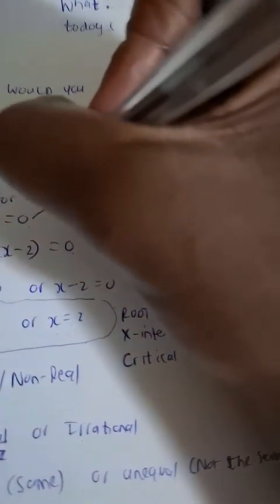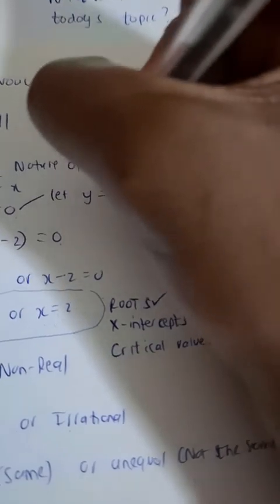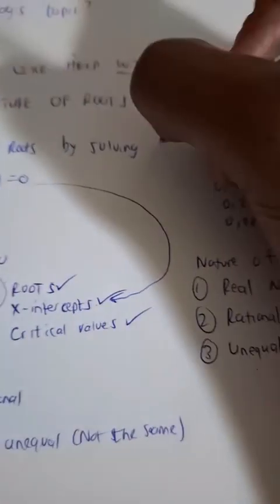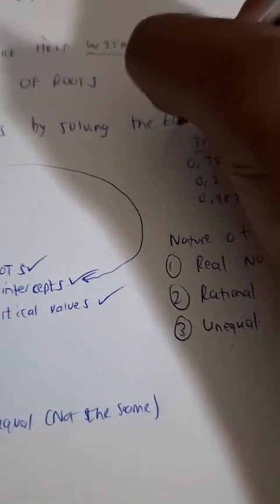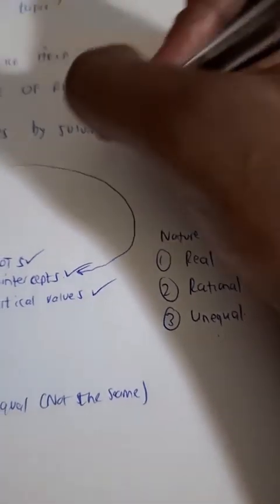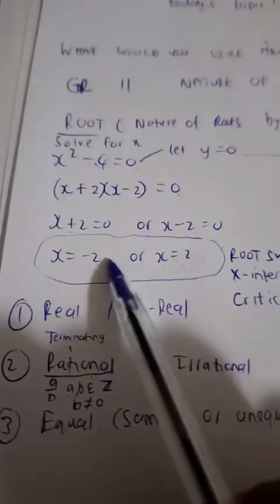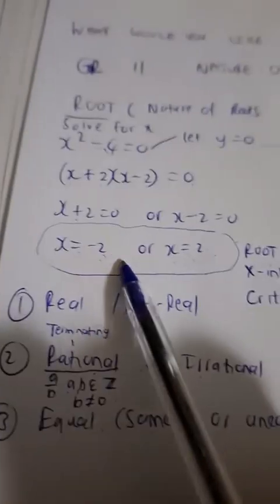So Tsepang, what I've just done is we have just determined the nature of roots by solving the equation. That's what we've just done. By solving the equation, getting the roots, we've then commented on the roots, the fact that minus 2 and 2 are real, minus 2 and 2 are rational, minus 2 and 2 are unequal.